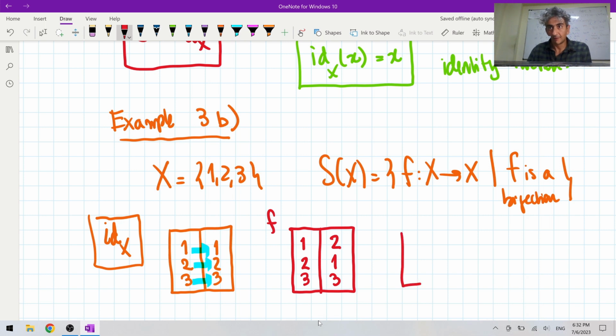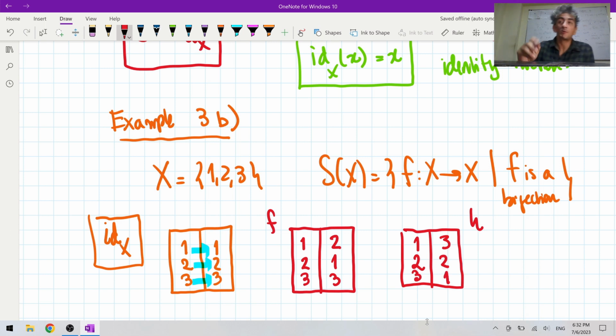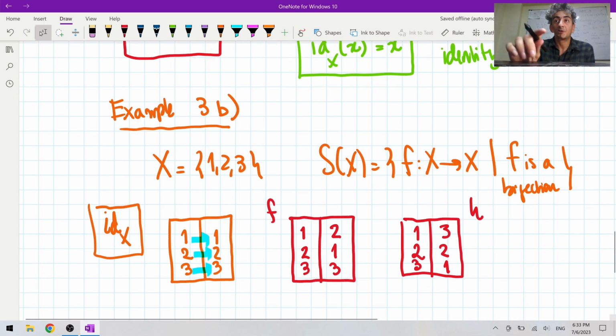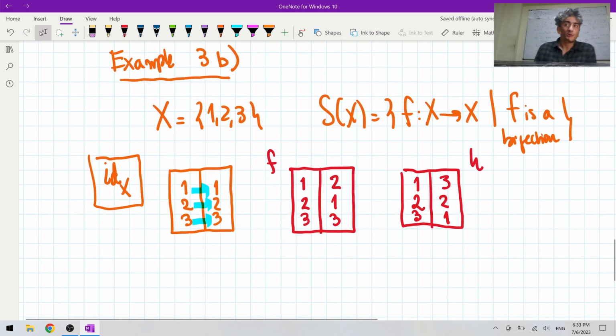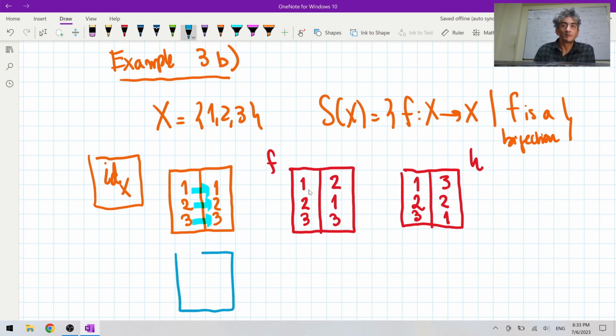Let's go and find another one. Maybe the element h will take 1 to 3, 2 to number 2, and 3 to number 1. This is yet another one of the elements of S(X). And maybe there's another one, right? Maybe we can find more. And in this case, it's not that complicated. Maybe the one that says 1 goes to 2, 2 goes to 3, and 3 goes to 1, I'm sorry.